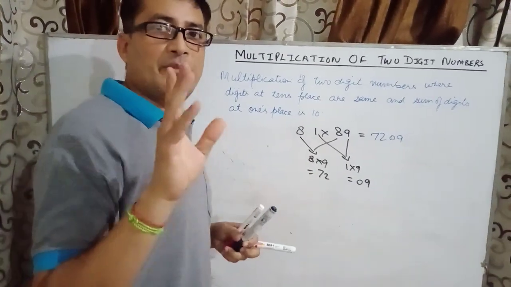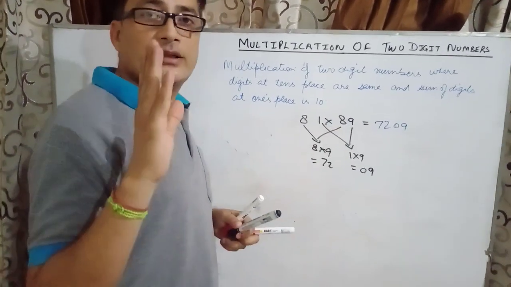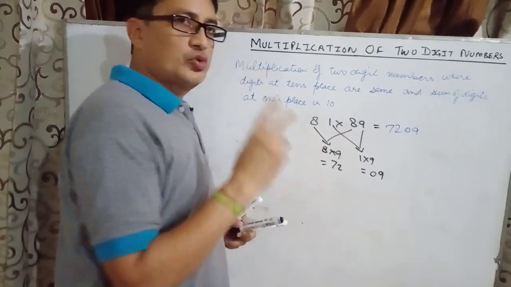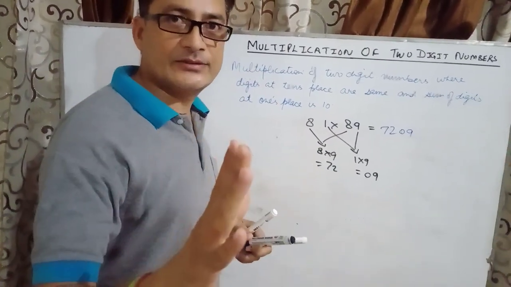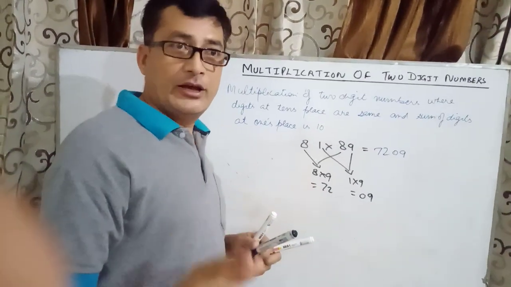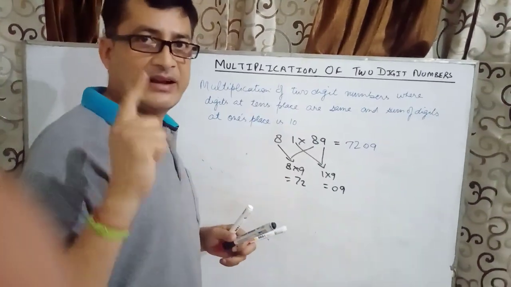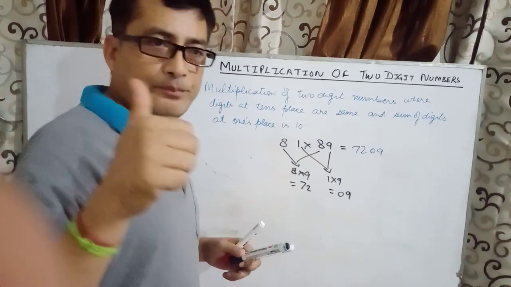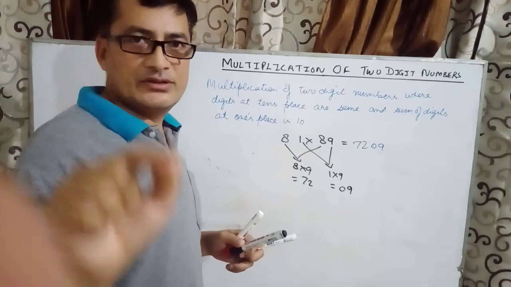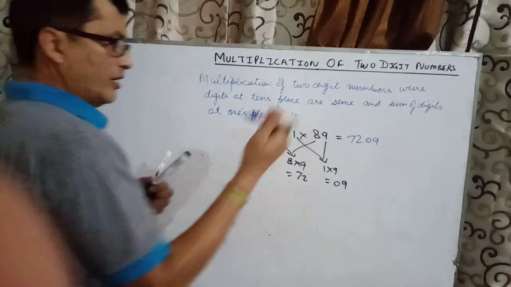Now students, I am going to give you 3 questions. You have to do those questions in 10 seconds, and then you match your answer. If your answers are correct, then press the thumb sign on your channel. Okay, so write down the questions.